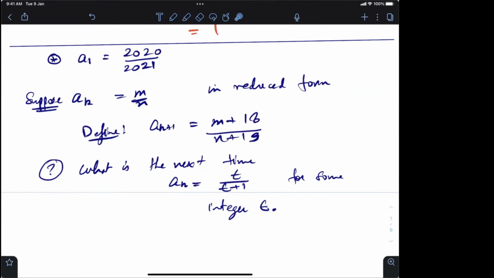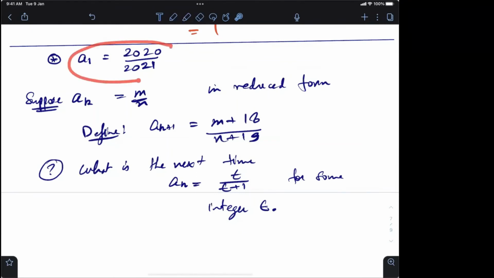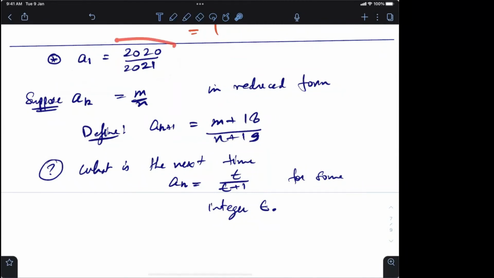Okay, so are there any suggestions what to do in this case? This is part of the problem. I was asking the other students. What do you want? We have A1 in this form.